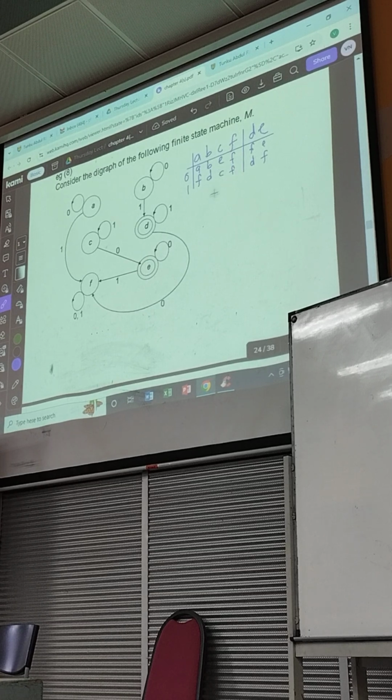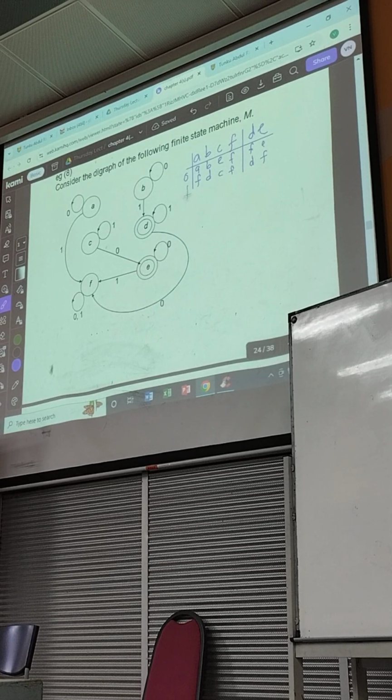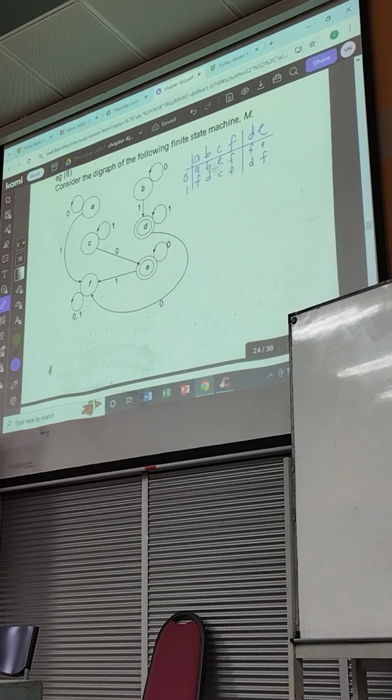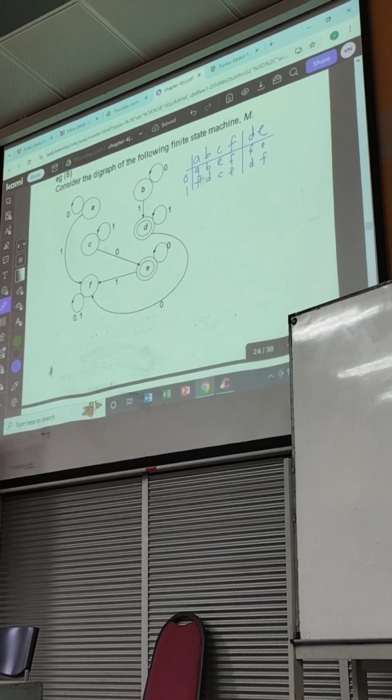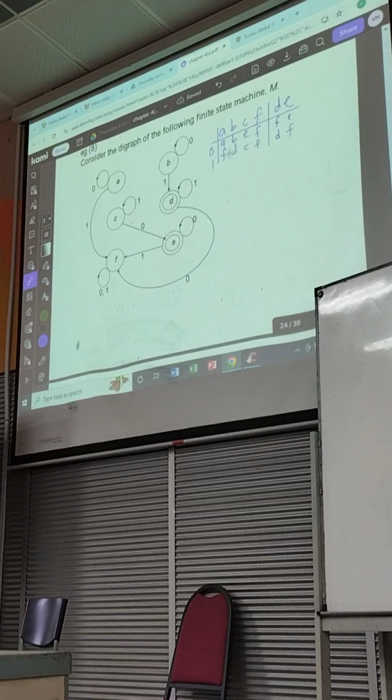Okay? Then after that, input 0 and 1, you see here, A, B, E, and F. Are these four in the same class? No, right? Which one is not in the same class?